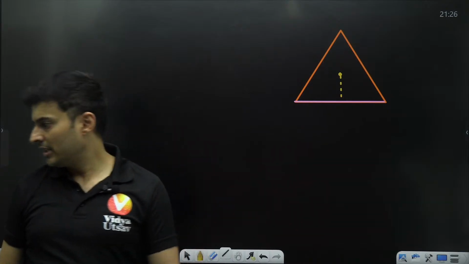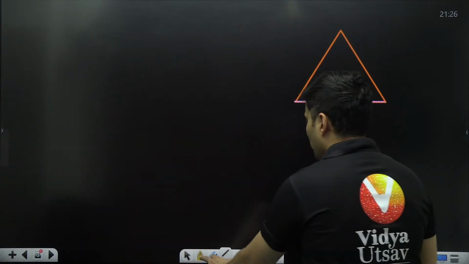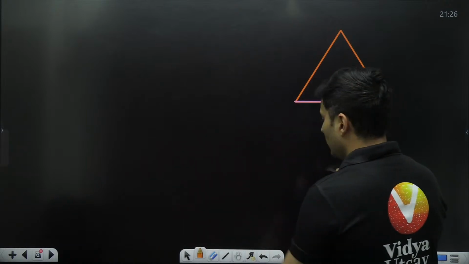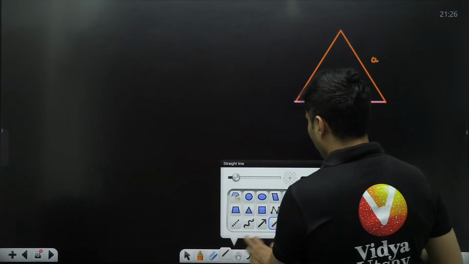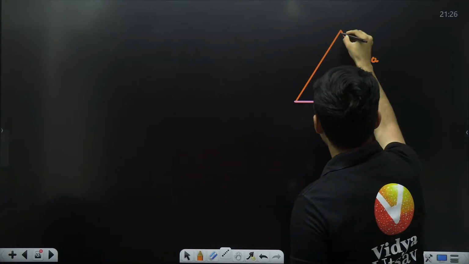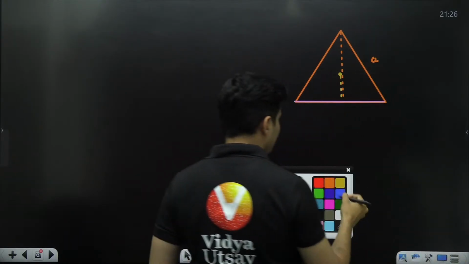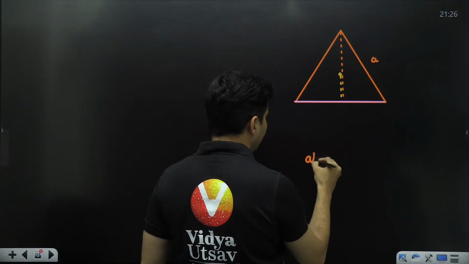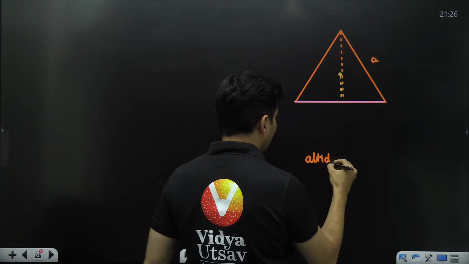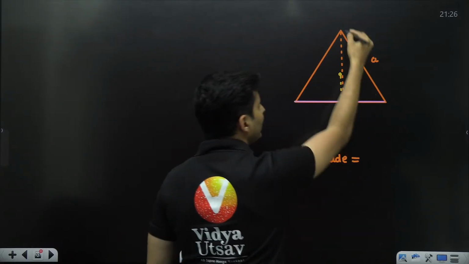Everybody fine till this point? Okay. Now let's say the length of the side is A. So if I would have drawn the altitude, and since this is an equilateral triangle, how much will the altitude be in length?